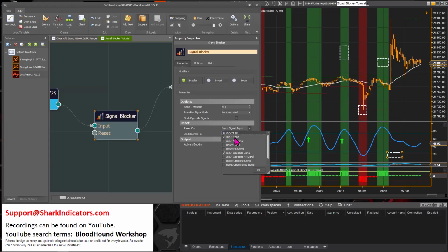What this means is when a signal of the same direction comes in, that signal in the same direction is what's resetting the signal blocker. I'm trying to think off the top of my head a practical reason why you'd ever use this.